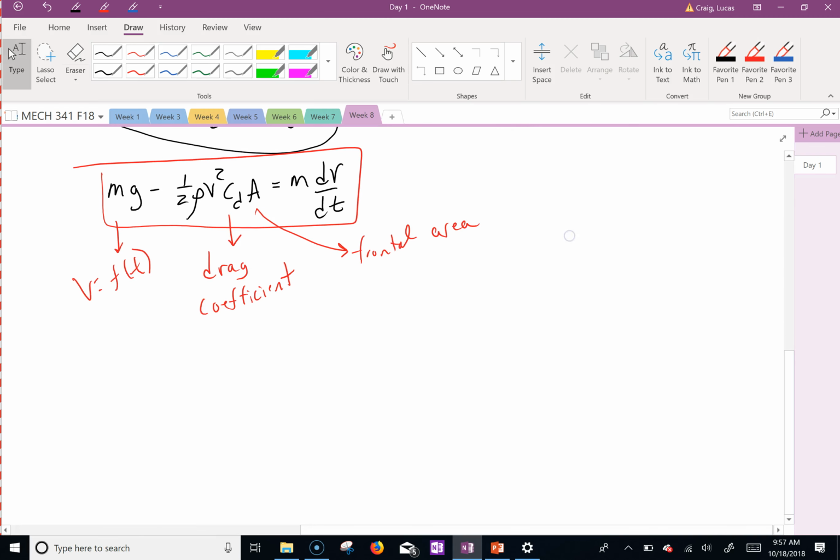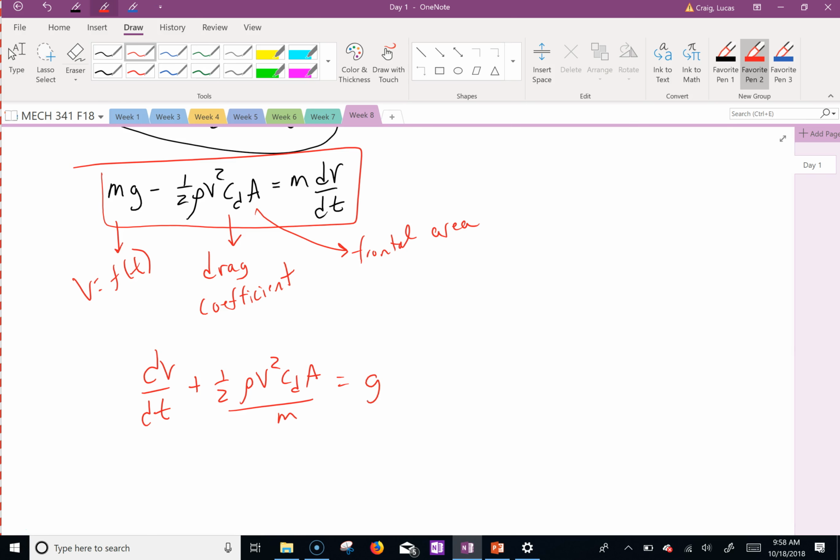Let me write it in terms of what you probably have seen. Oh, that's a plus sign. And it's all divided by m equals g. So it's first order.